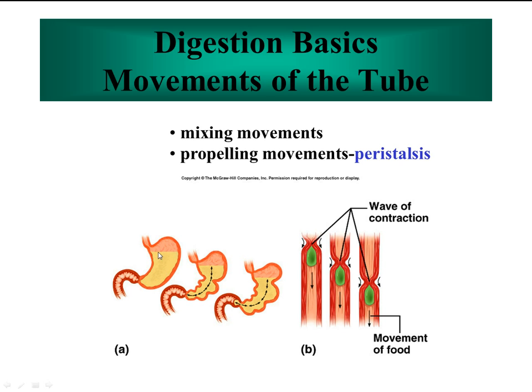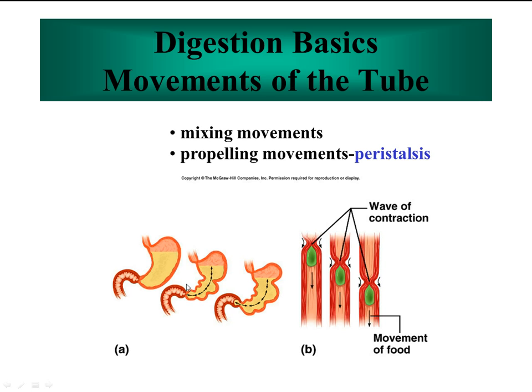When this longitudinal muscle contracts, it shortens that stomach, and then it will relax, and the stomach will stretch out again as this diagonal layer, or the layer running the circumference of this organ, will contract, and it lengthens this.